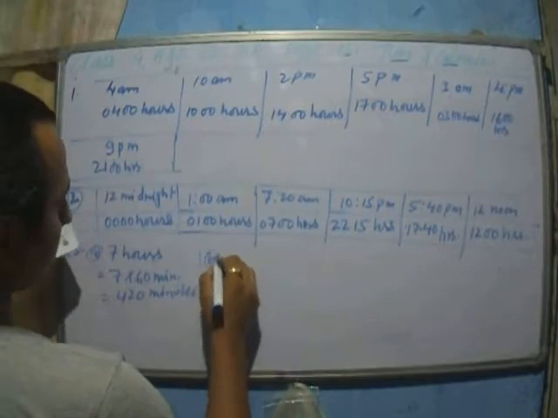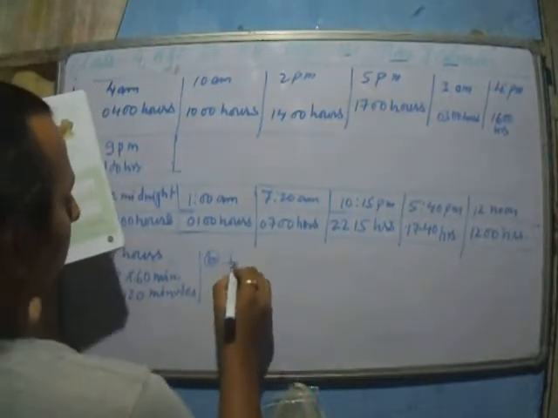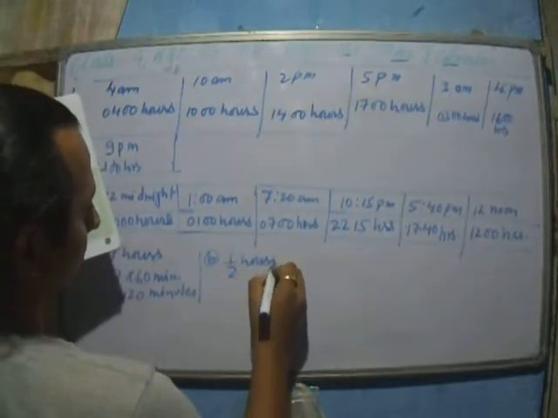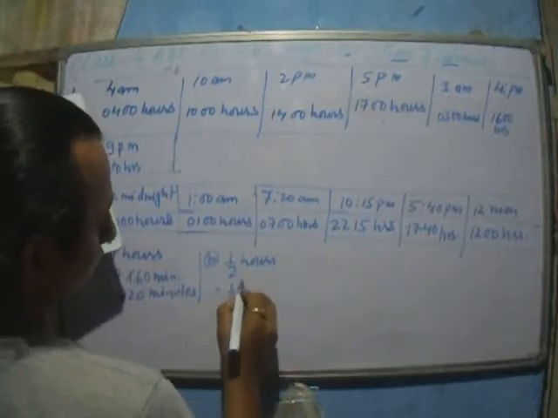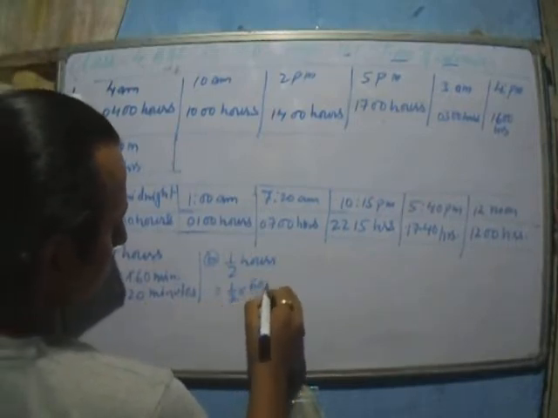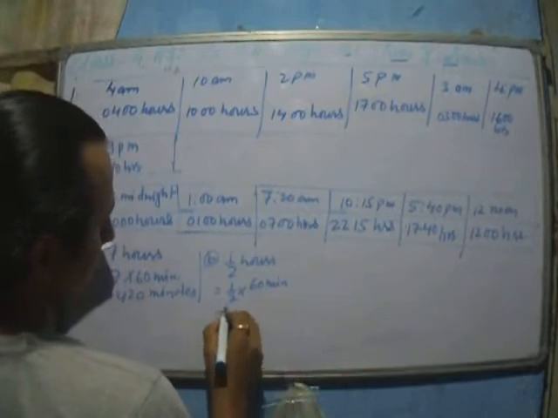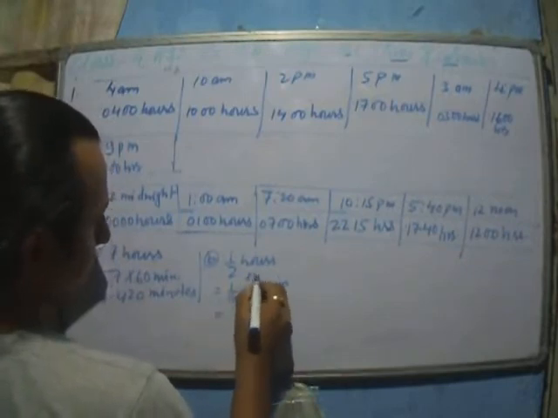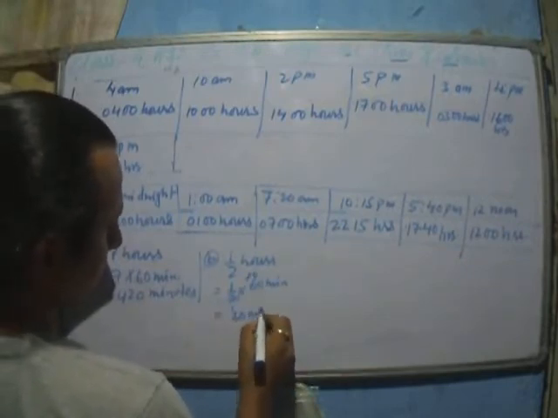Like that, B, 1/2 hour. Half of 60 minutes is 30 minutes.